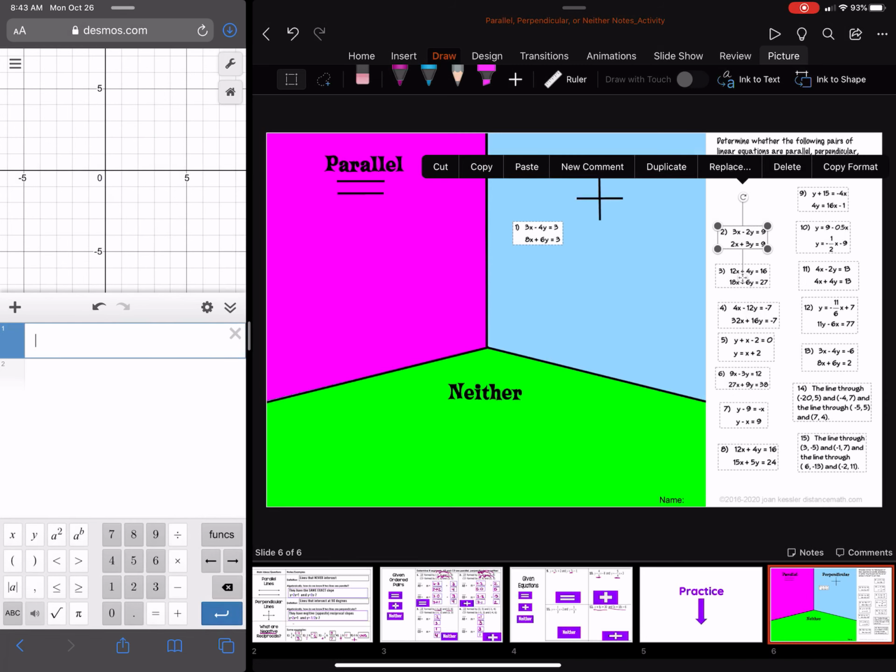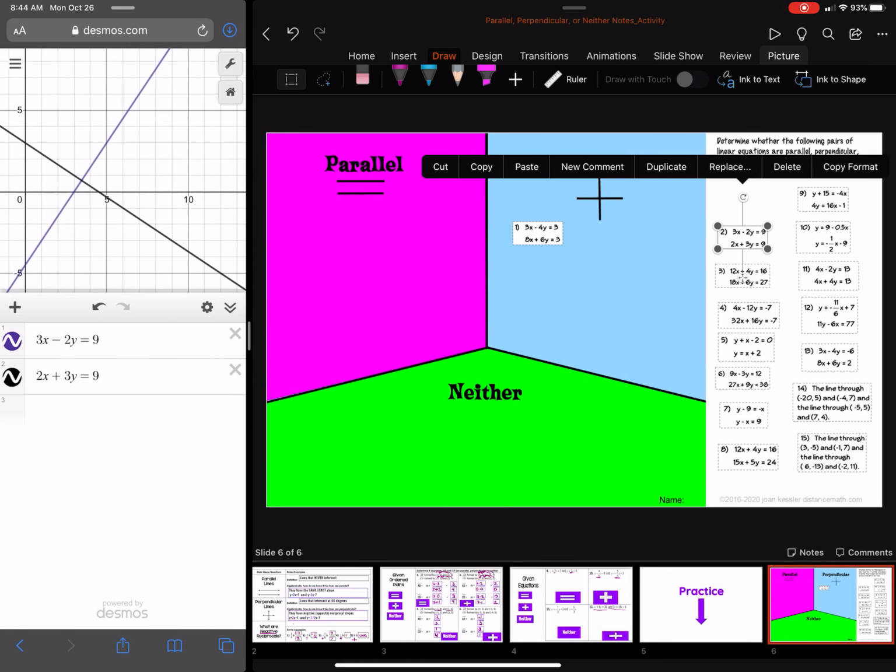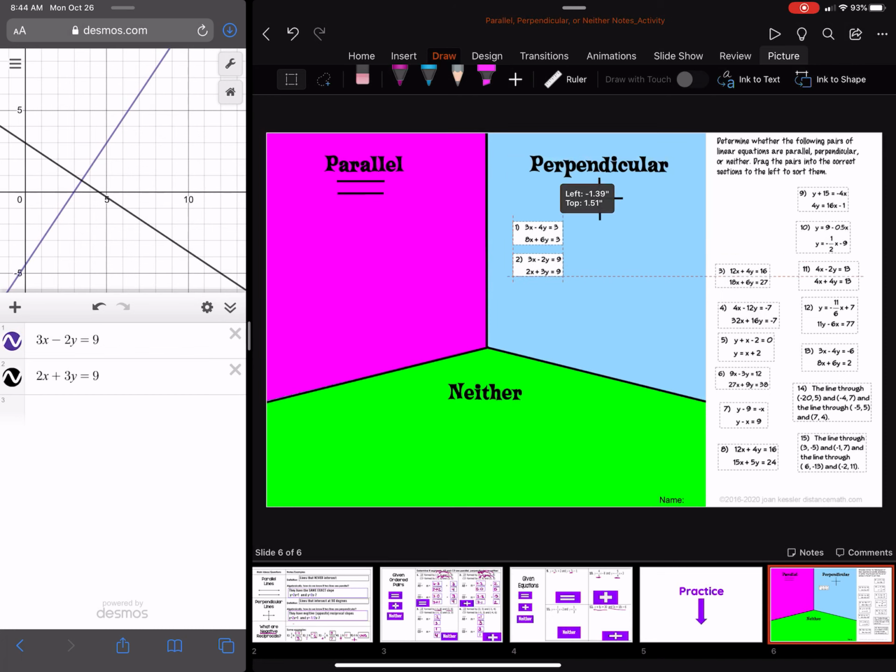And it would be 3x minus 2y equals 9. And then 2x plus 3y equals 9. And again, those two lines make perfect perpendicular lines. So you would drag that over there.